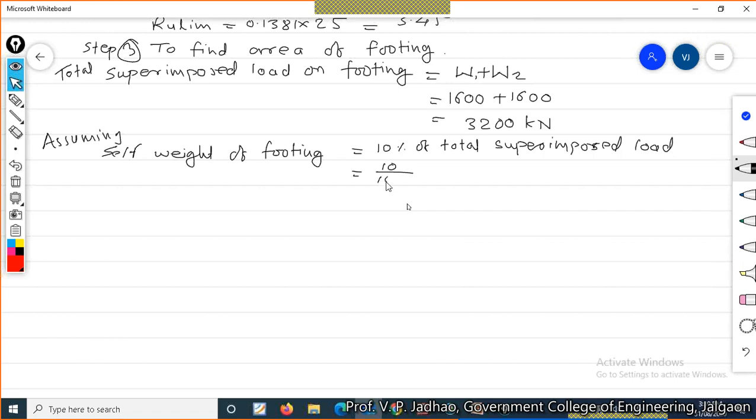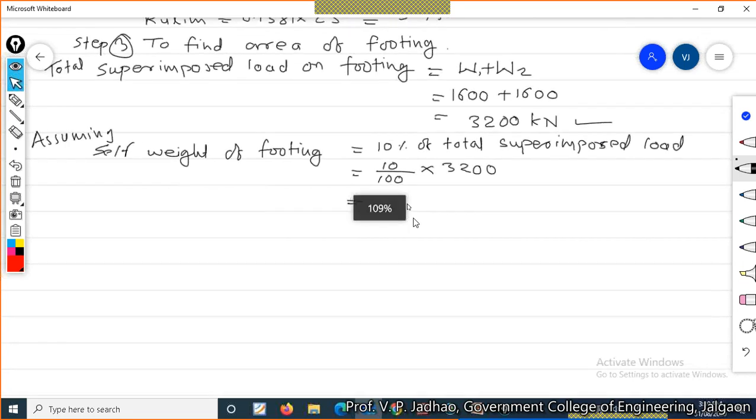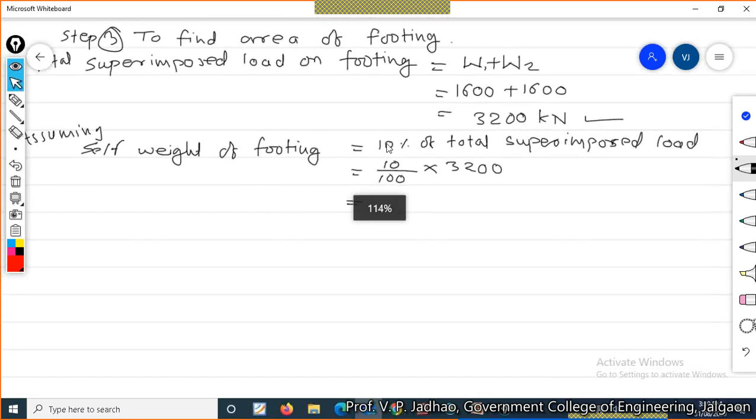So we have 10% multiplied by the total superimposed load, which is 3200. So the self weight of this footing will be equal to, how much is that?